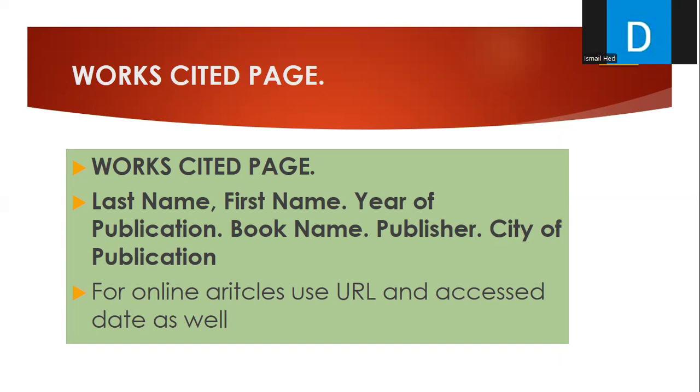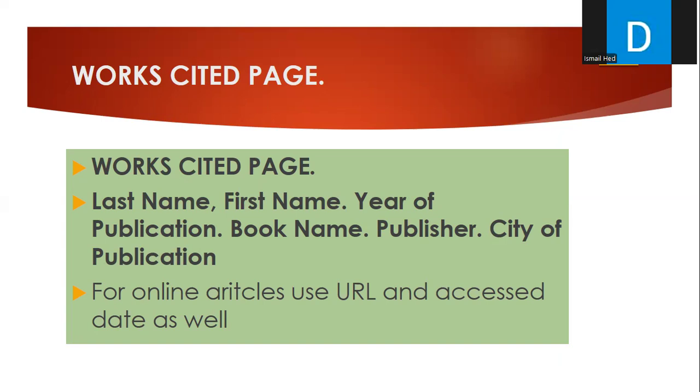It should have all the details of the sources which you consulted while writing a research paper, and all the sources should have the writer's last name, first name, title of that particular book, year of publication, the publisher's name, and city of publication.